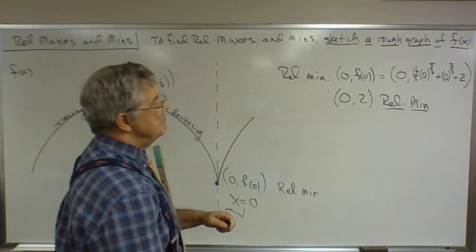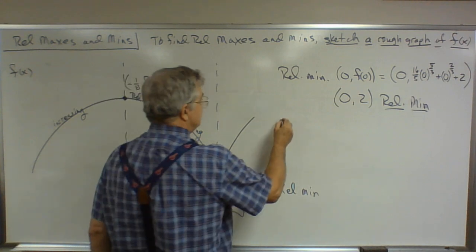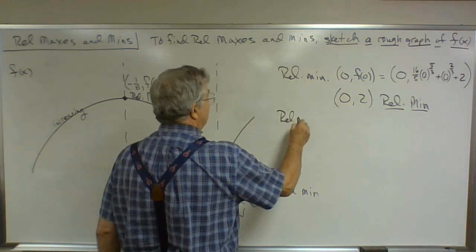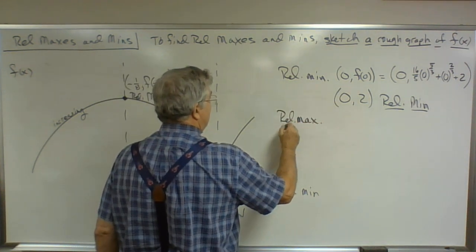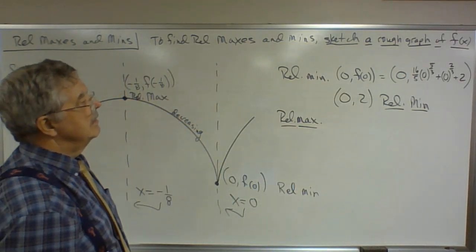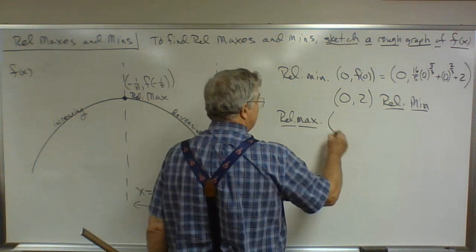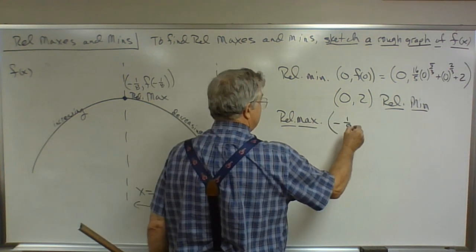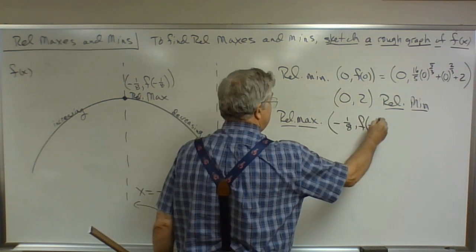Now, will the relative max be as easy to compute? Let's see. Negative 1/8, f of negative 1/8.